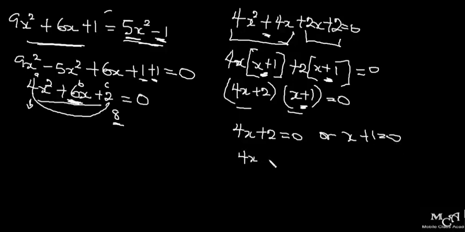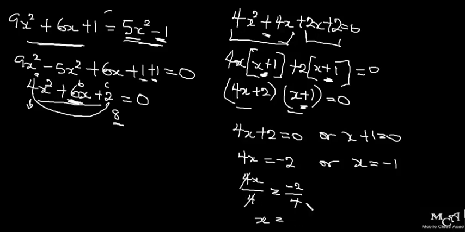Therefore, 4x equals minus 2, or x equals negative 1. To make x stand alone, we divide through by 4. So 4x divided by 4 equals negative 2 divided by 4. 4 cancels 4. x equals negative 2 over 4, which is the same as negative 1 over 2, or x equals negative 1.